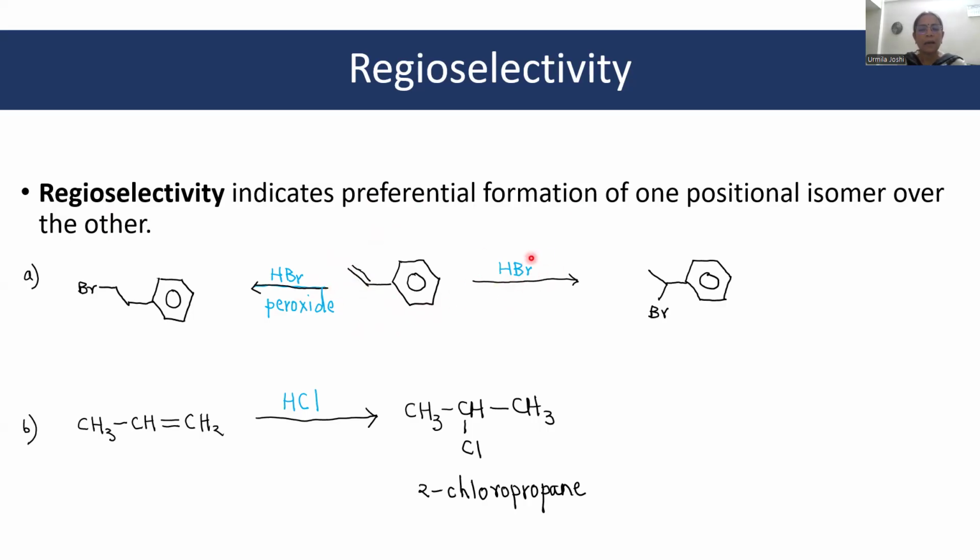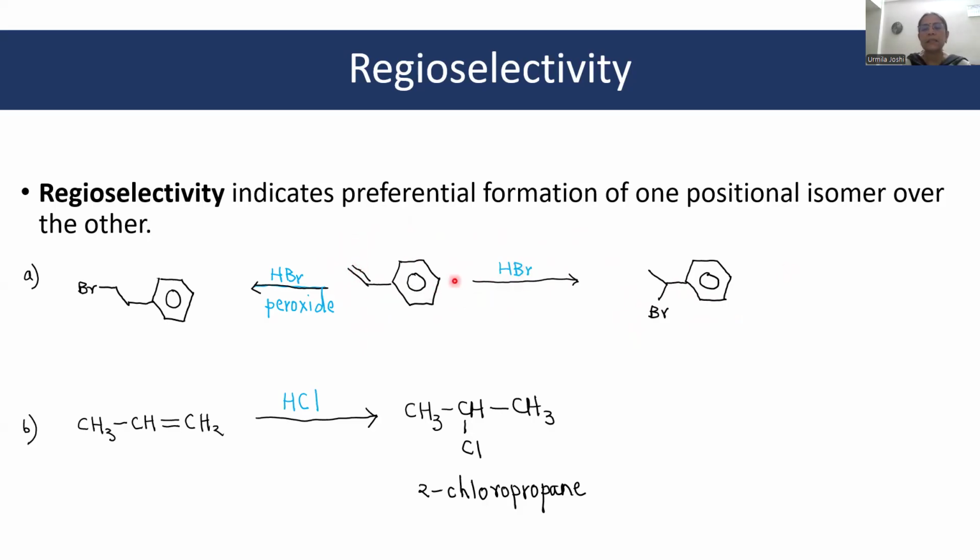When HBr is treated with this styrene, what happens is Br adds on to the double bond at the position where there are fewer hydrogens. And H goes to a position where there are more hydrogens.